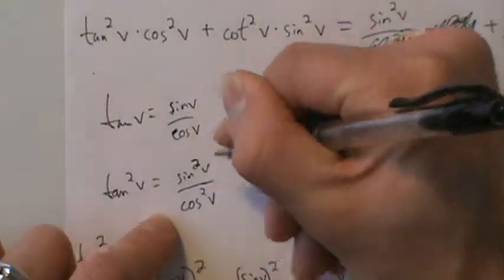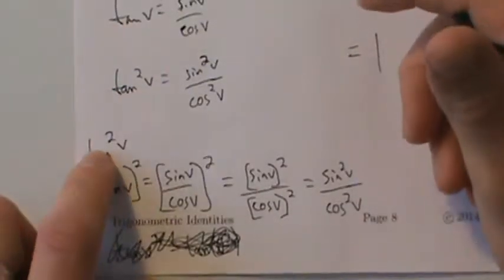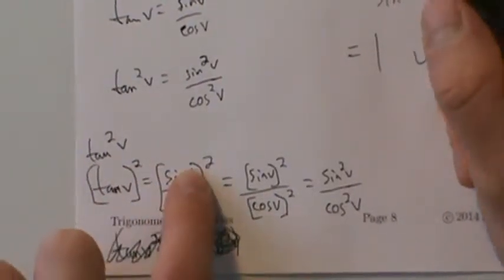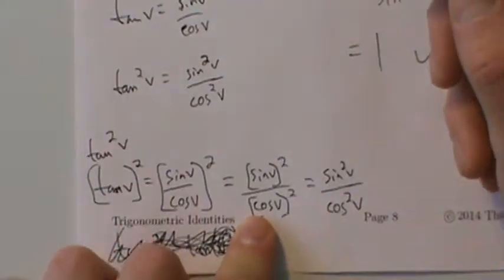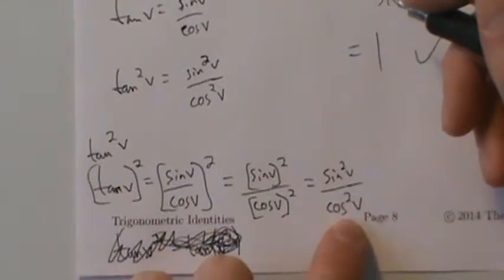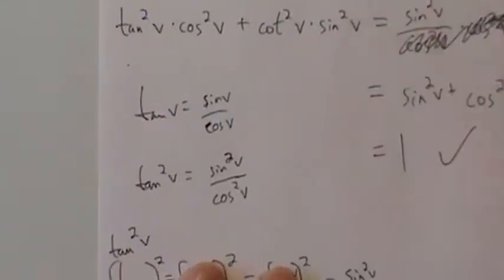Tangent squared of v is a short way of saying this, and since tangent is sine over cosine, this thing squared is the same as this thing squared. It's a basic rule of algebra that when you square a quotient, you can square the top and bottom separately, and then just remember the shorthand notation for a trig function squared. So tangent squared of v is sine squared of v over cosine squared of v. That's why that's true.